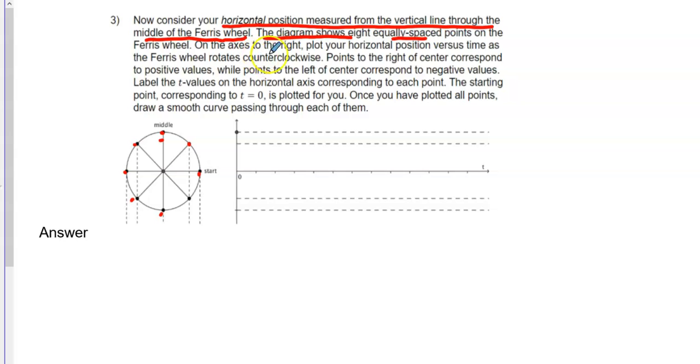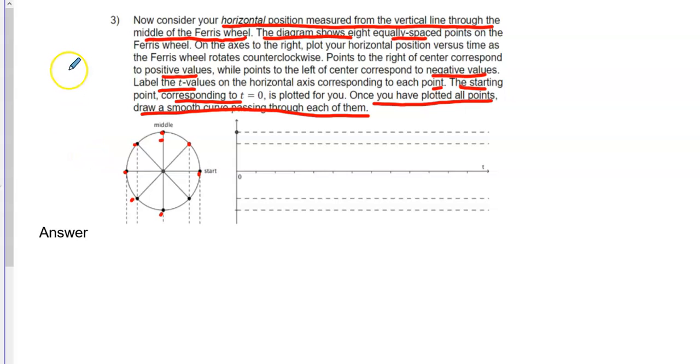On the axis to the right, plot your horizontal positions versus time as the Ferris wheel rotates counterclockwise. Points to the right of the center correspond to positive values, while points to the left of the center correspond to negative values. Label the t values on the horizontal axis corresponding to each point. The starting point corresponding to t equals 0 is plotted for you. Once you have plotted all points, draw a smooth curve passing through each of them.